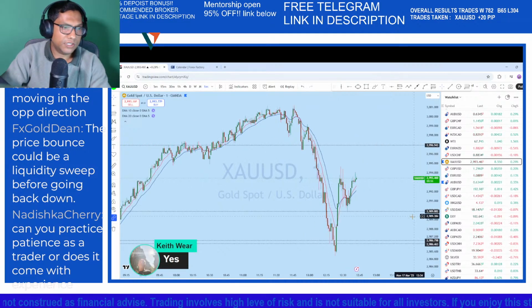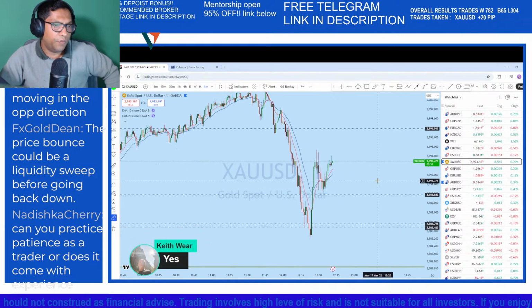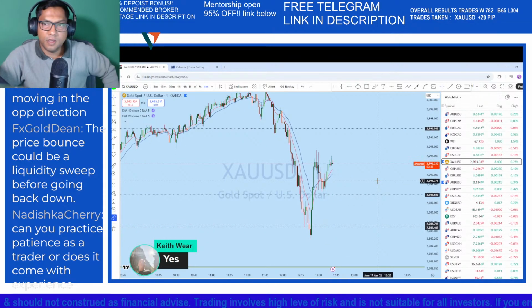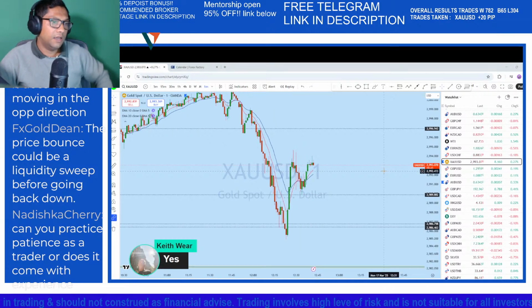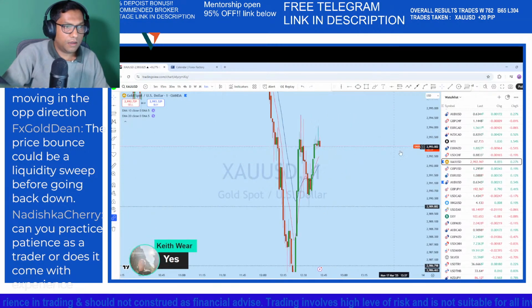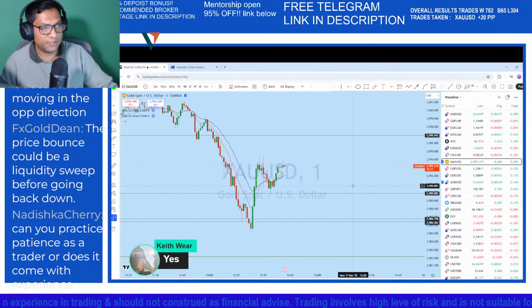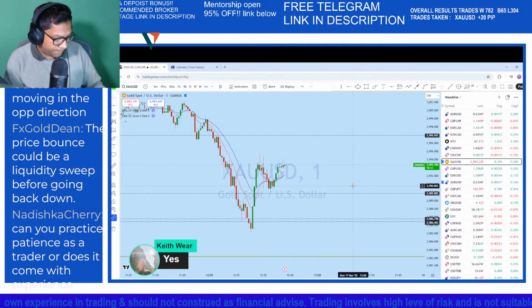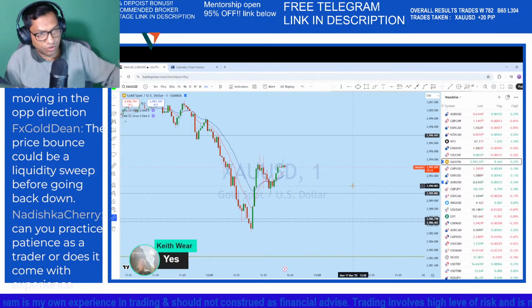We may be able to see some local move here. You see that I more often talk about the local and global. Global is where you see that the market is trending in the major direction of the trend.